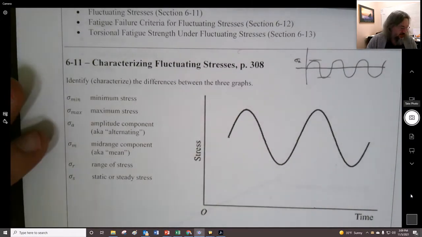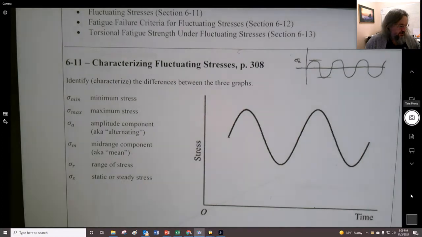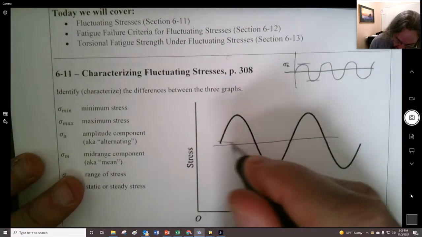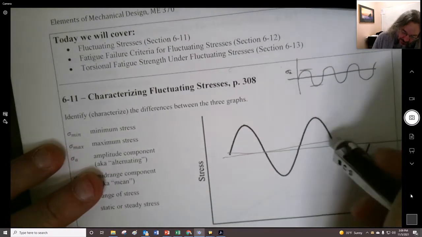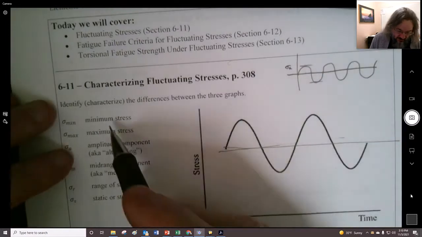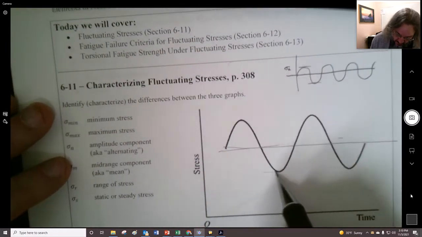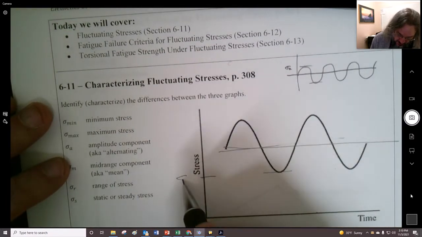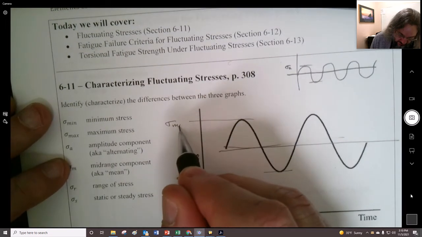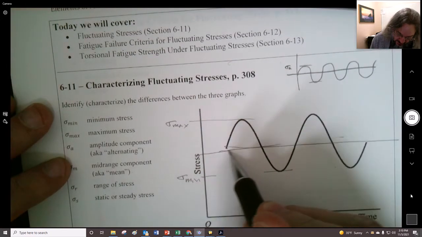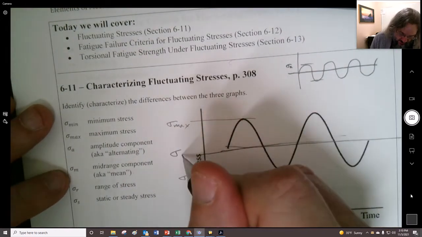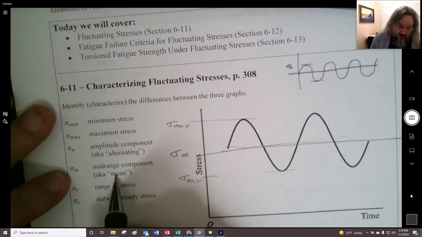And what we could do is establish that we had an average, which we'll call the mean or mid-range. Looking at these different things, we'd have the minimum stress right here, sigma min, and the maximum. The in-between one that's halfway in between, we would call the mid-range, or the mean.